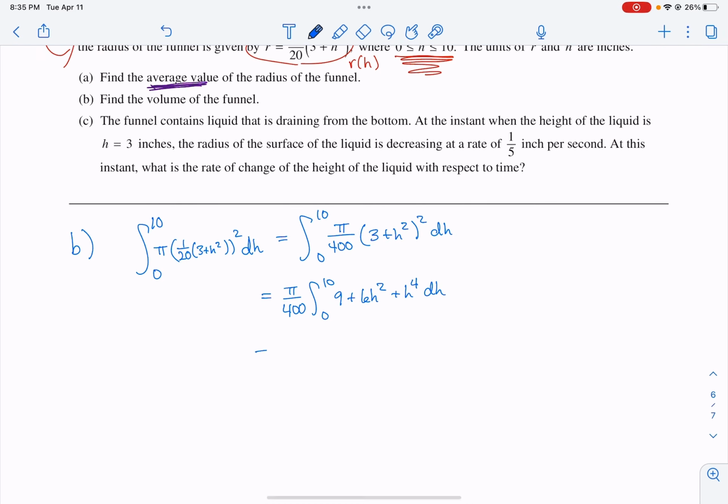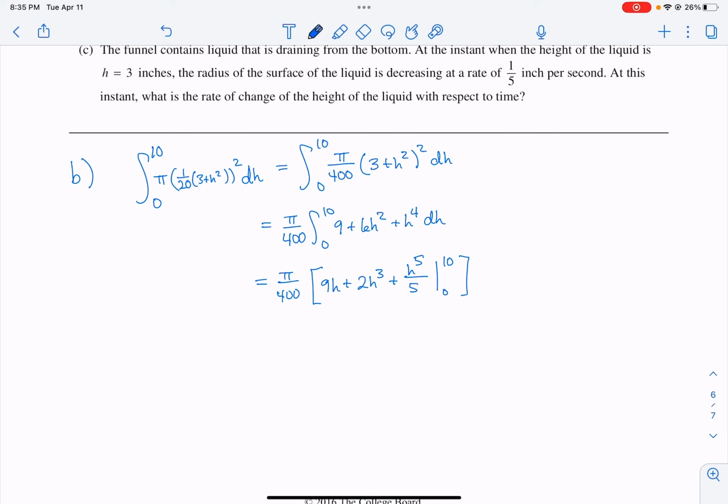Now let's take the antiderivative. So we have 9h plus 2h cubed plus h to the fifth over 5 from 0 to 10. Now let's plug in the 10.